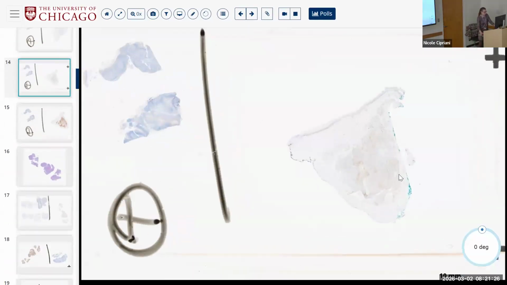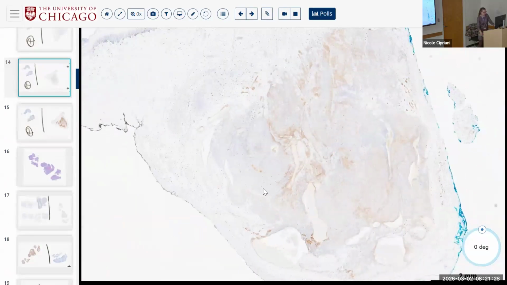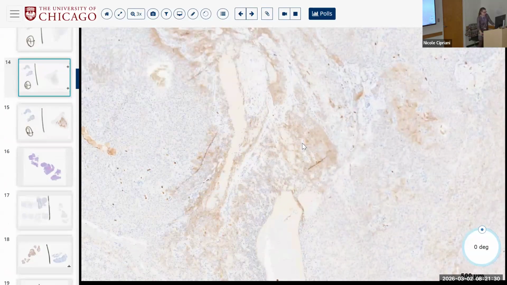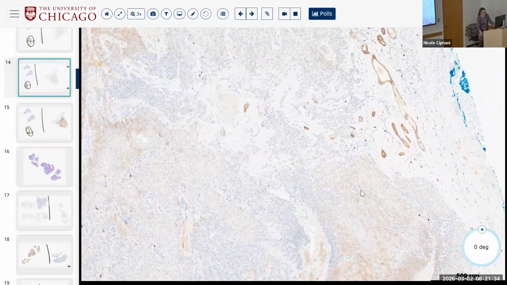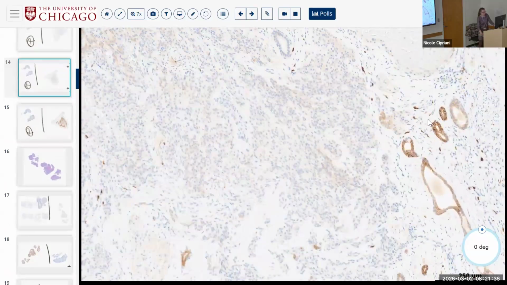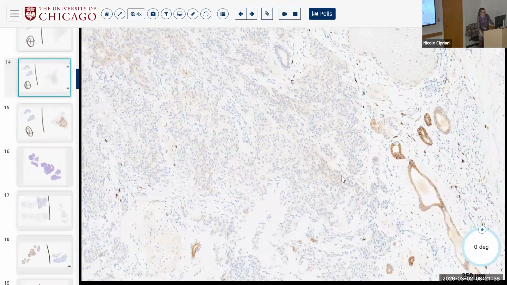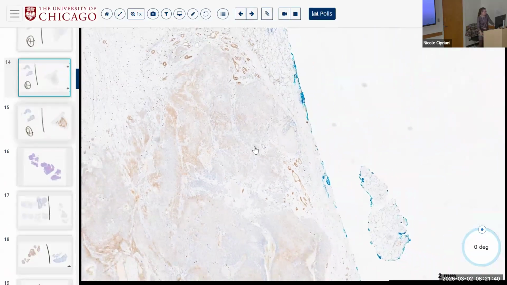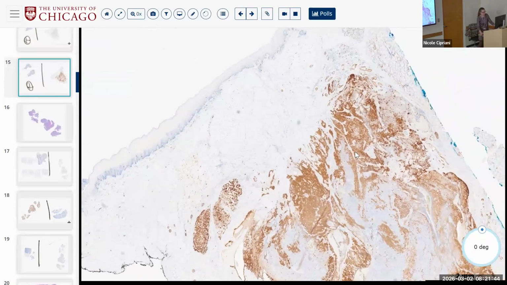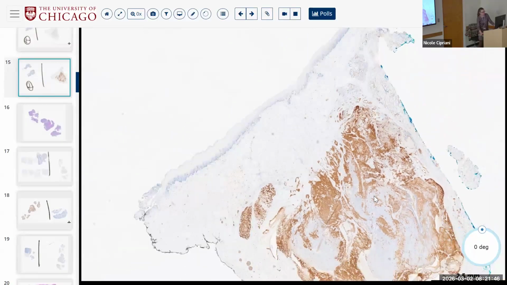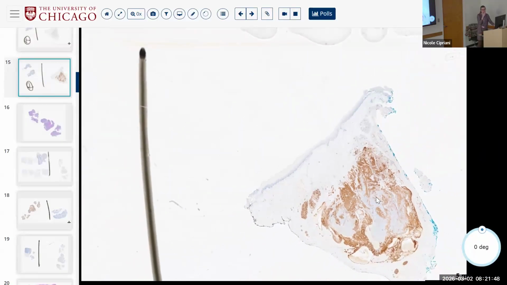You have your c-KIT or your CD117, which stains some of the luminal epithelial cells and the epithelial cells of the background ducts, and your S100 with your plasmacytoid rich areas. Okay, so comments, questions, thoughts. You can peruse these more on your own, but for sake of time, we'll move on.